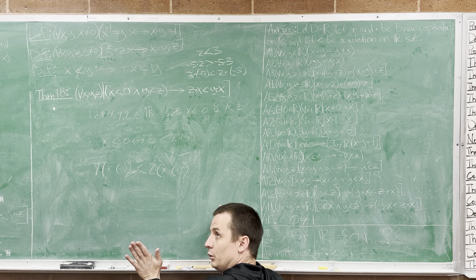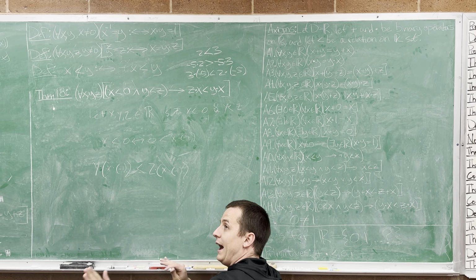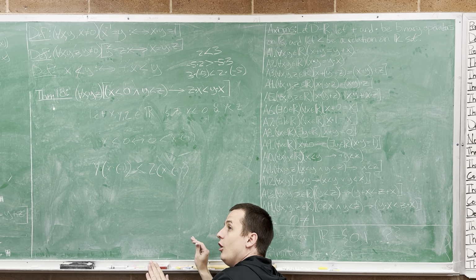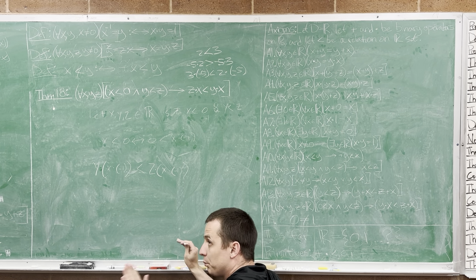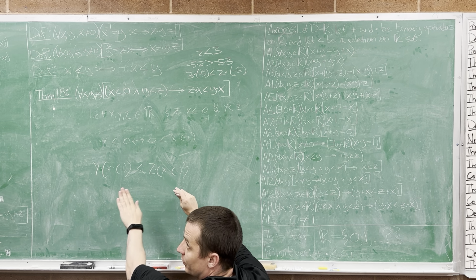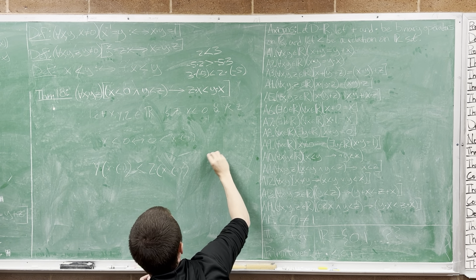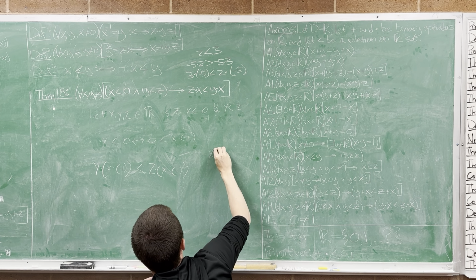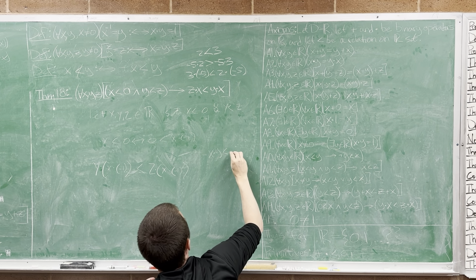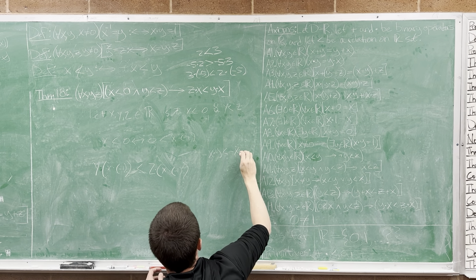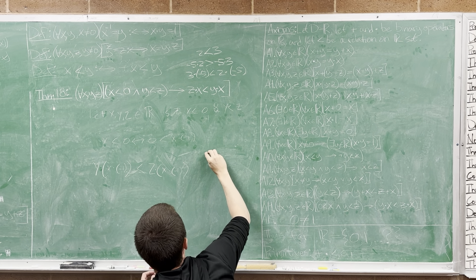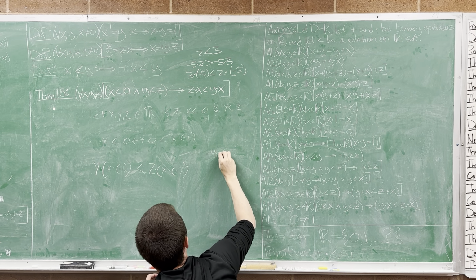We have two things we can do to an inequality. We can add the same number to both sides, or we can multiply both sides by a number as long as that number is greater than 0. So far, you multiplied both sides by a number that we knew was greater than 0. Rewriting what you have, you have negative y times x is less than negative z times x.